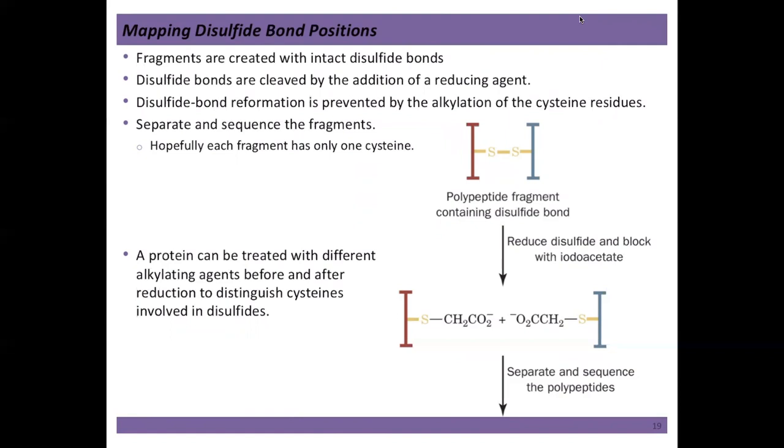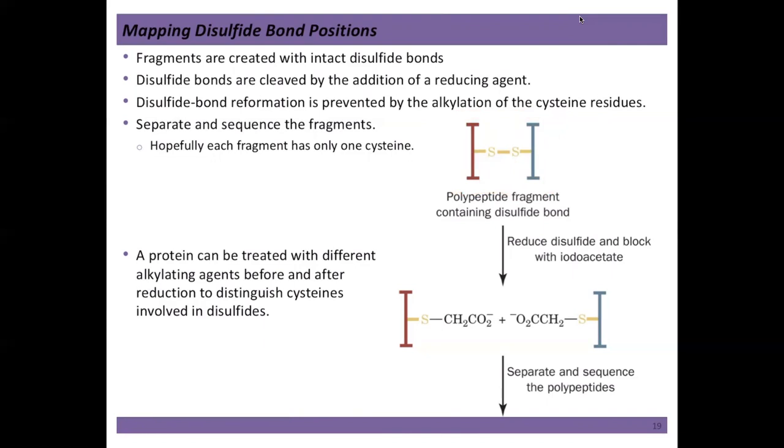When you digest, you're going to get these 2 connected fragments here, and you'd purify them out. Then you'd sequence them individually. So this is a fragment here with this cysteine, and then you'd sequence this one here, but you isolated this together so you know that those 2 fragments are connected. Since these 2 fragments are connected, you look at your other sequences, find where this was and where this was, and then you can figure out who is connected to who.